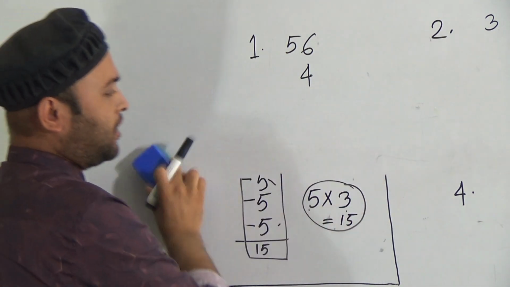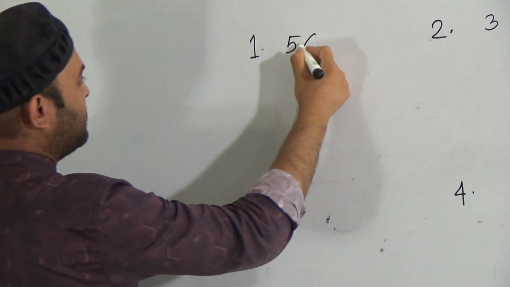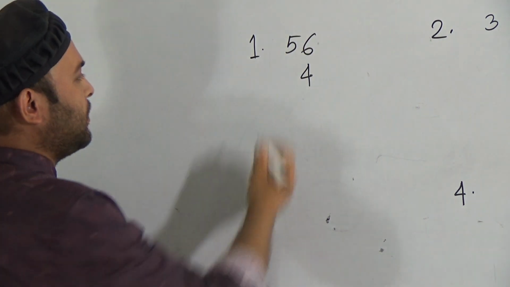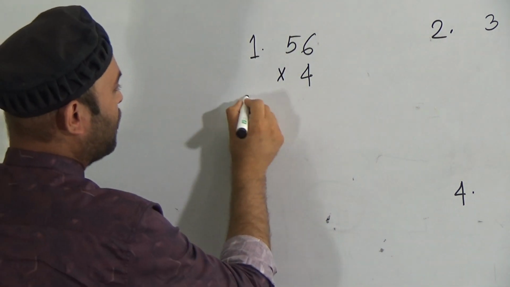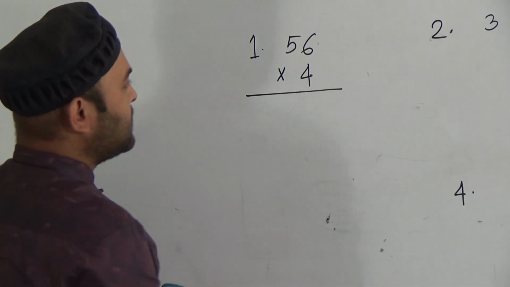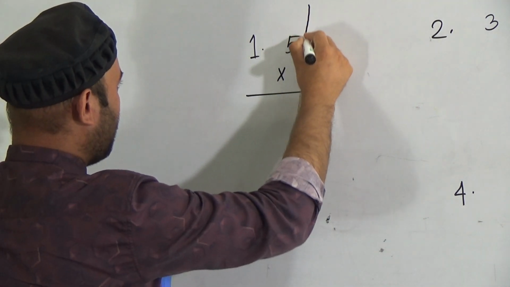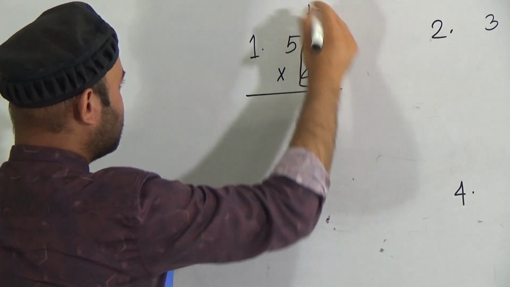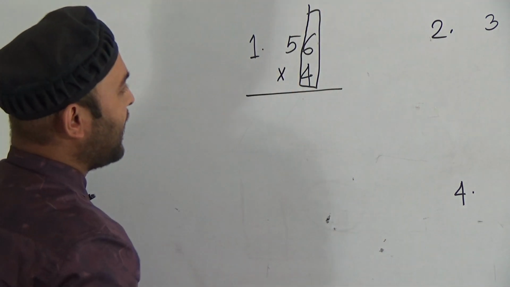Now let's start our class. 56 and 4. First of all, you have to use the sign of multiplication, then draw a line to bring down the answer, and you have to follow the lineup. Look, 6 and 4 are in the same line and 5 is in another line.